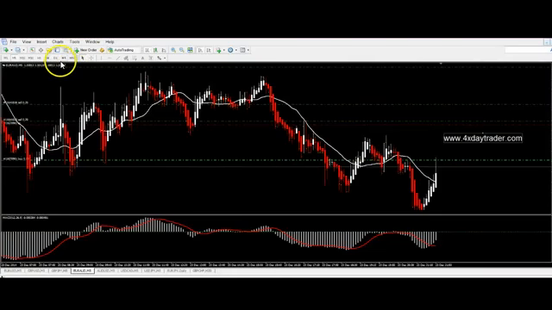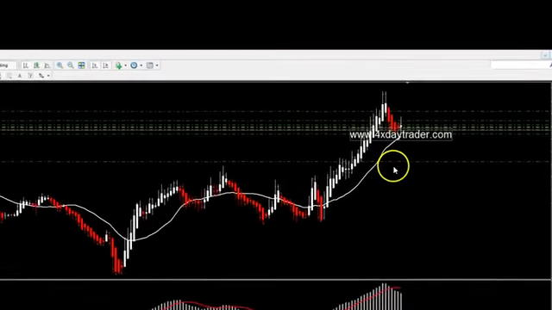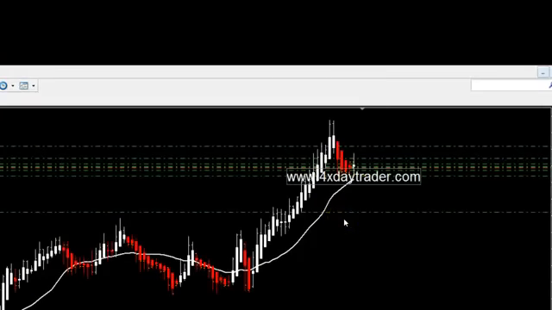I'll take a look at the daily chart, and on the Heiken Ashi, if the color of the candlestick is white, then I'm probably going to be only taking trades to the upside. If it's red, then I'm more likely going to stick to taking trades to the downside. It just depends on what exactly is happening.